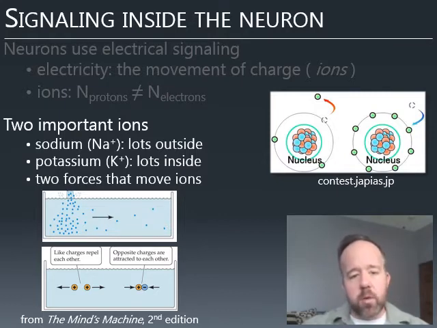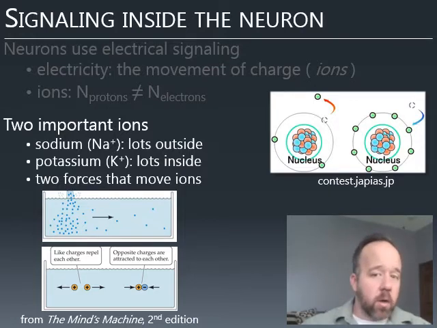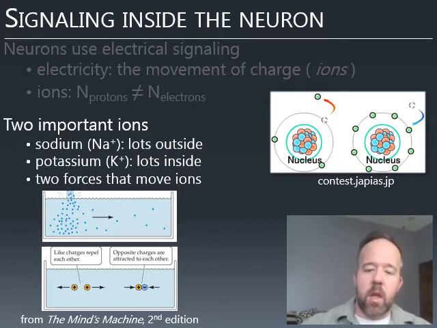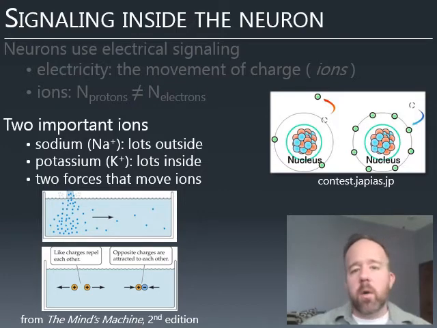So when it comes to electrostatic forces, sodium doesn't care whether a nearby ion is sodium or potassium. All it cares about is that it has the same charge. And so that will repel the sodium ion. Same thing for potassium. Potassium will repel other potassium ions. It will also repel other sodium ions because they're all positively charged. And those two forces are really going to dictate how electrical signaling works in the neuron.